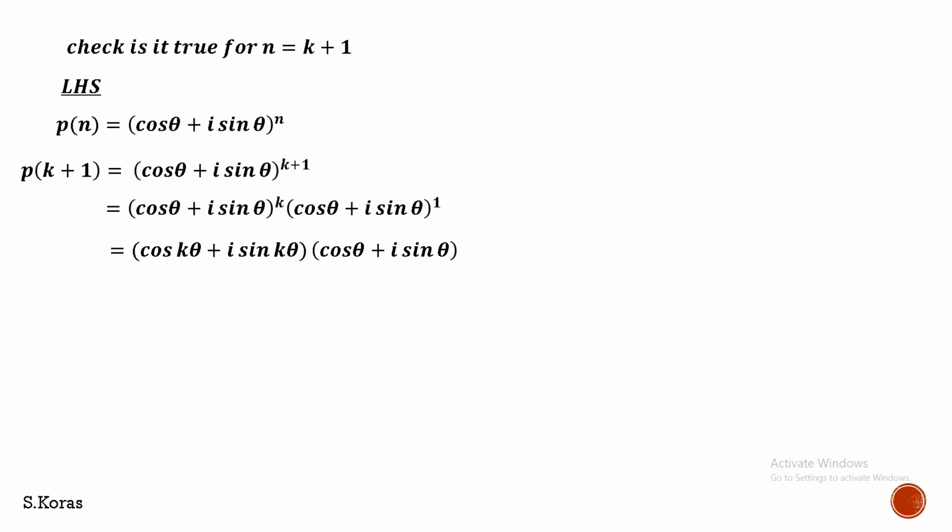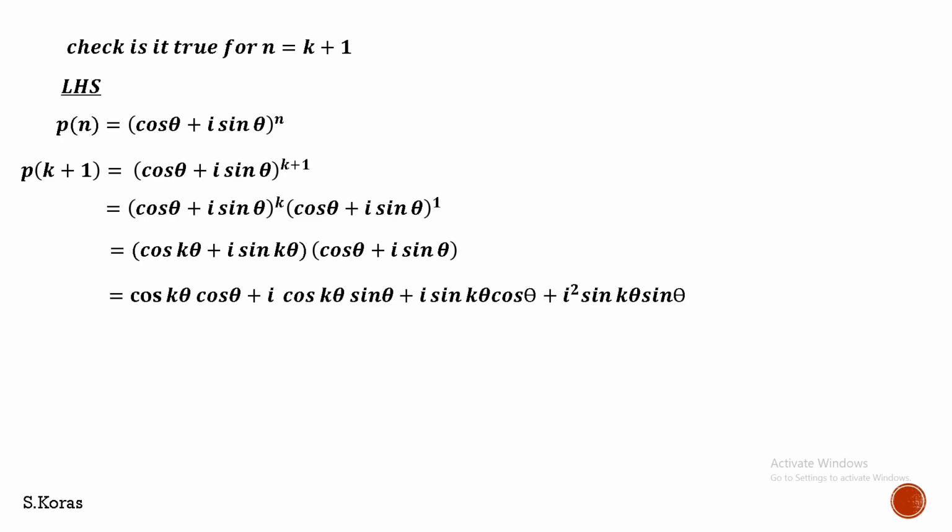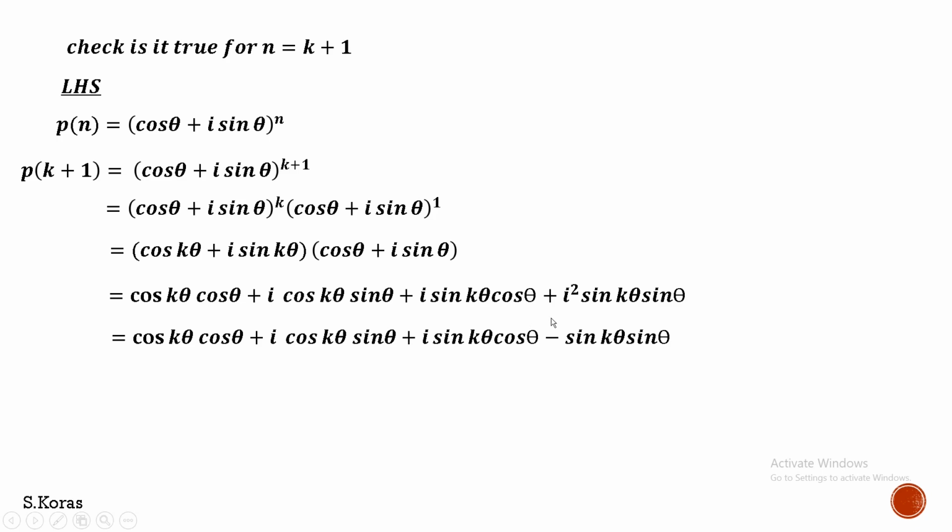Now let's multiply these two terms, that is cos k theta into cos theta, then cos k theta into i sin theta, then i sin k theta into cos theta, finally i into i, that is i square, sin k theta into sin theta. We know i square value is minus 1, so it will be like this.